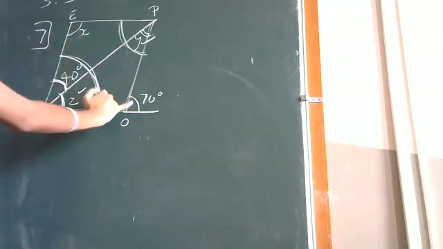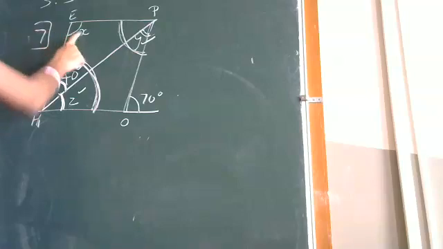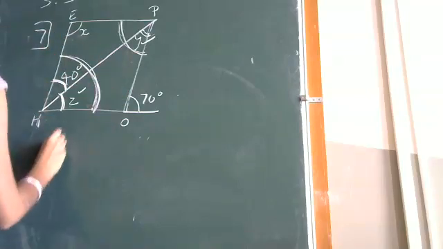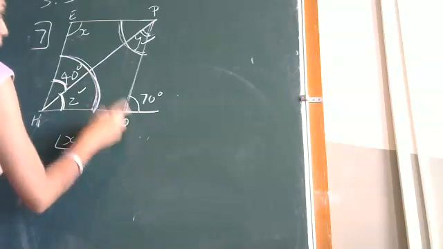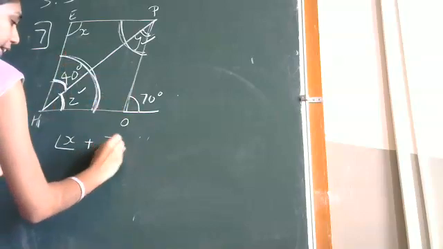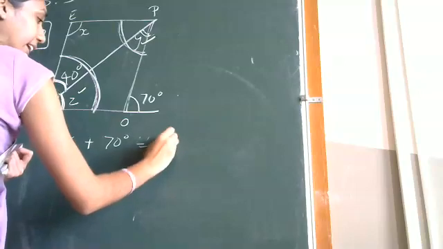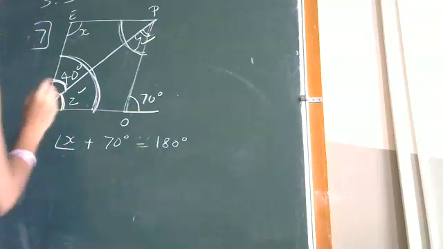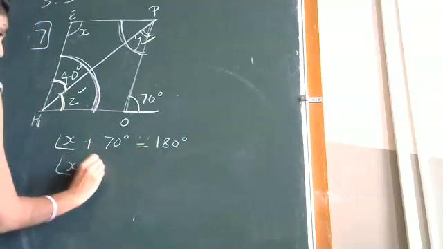Angle x plus this will be equal to what? Ma'am, 180 degree. Angle x plus this 70 degree will be equal to 180 degree. So what is x? We don't know what is x. So keep x as it is.